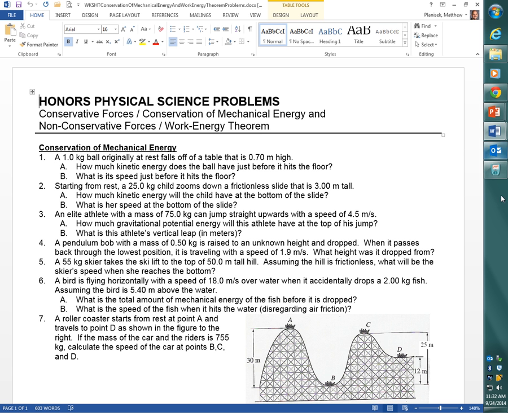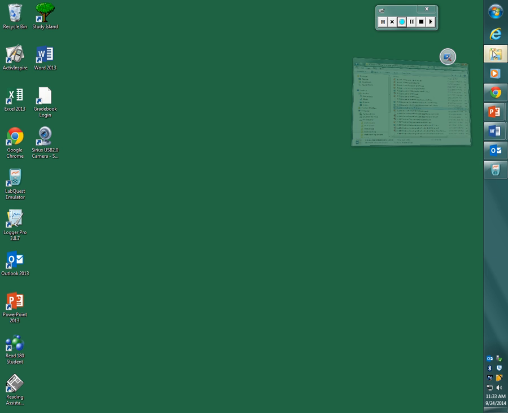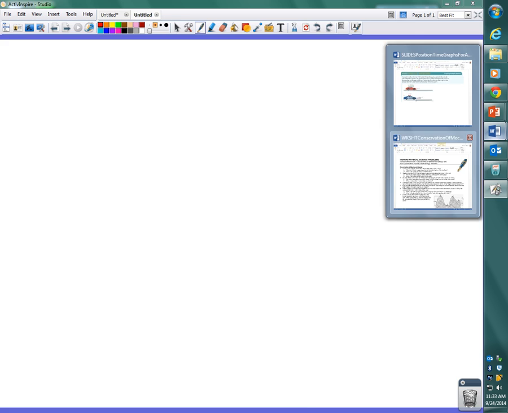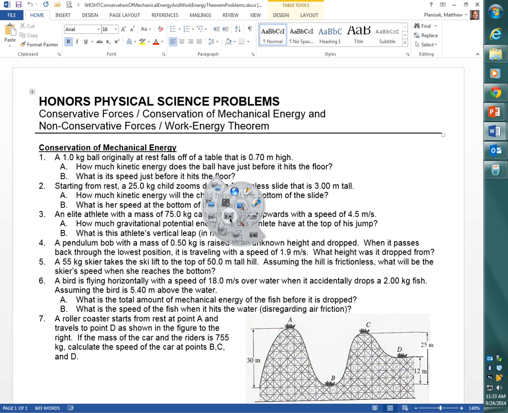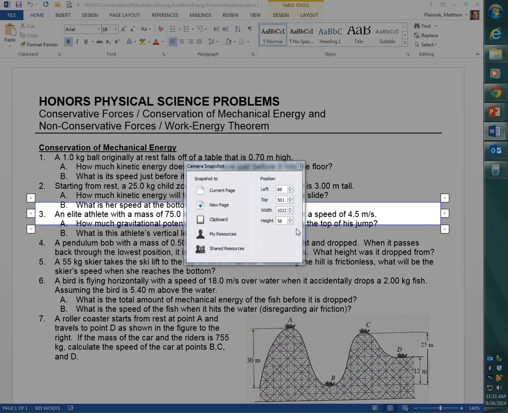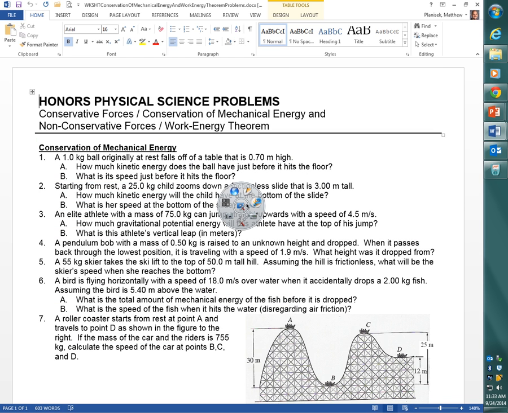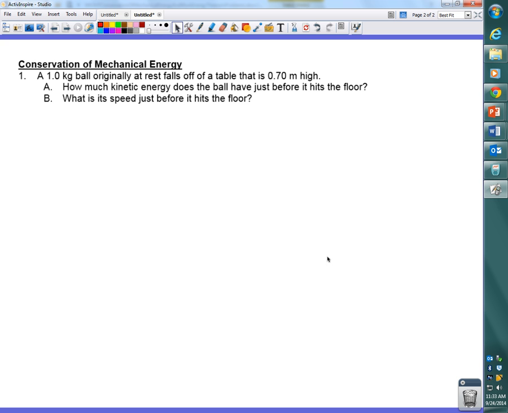We are going to start at the top of the page that says conservation of mechanical energy, and we are going to do problem number 1. Okay, ready? Here we go.